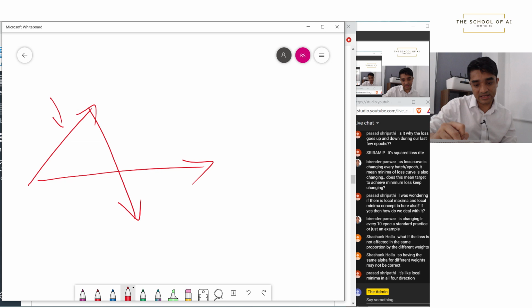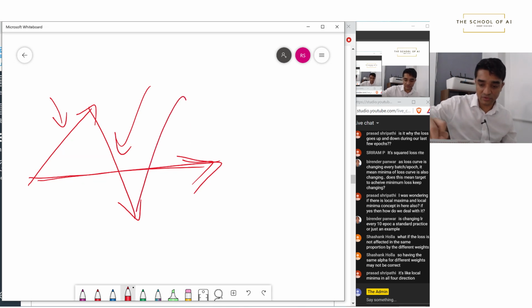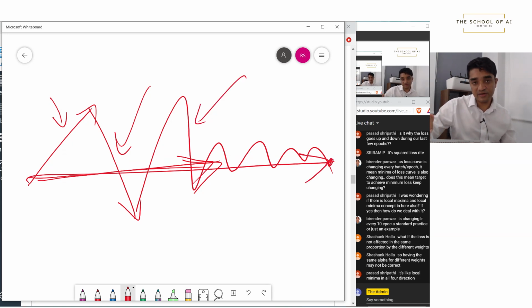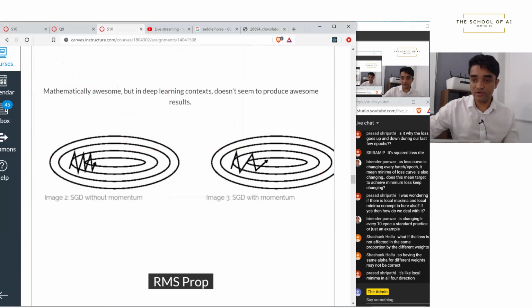So if I have the last update and I take the new update, what is the axis going to be? The axis is going to be this for the motion. That is exactly what we're solving. So we don't suffer like that. We don't move like that. We move like this towards a point. I'm not drawing a loss curve here. Please remember, I'm drawing the motion of the changes in the directions of W. We don't want to shuffle a lot in two axes. We directly want to move in one specific axis. That is what we're interested in.